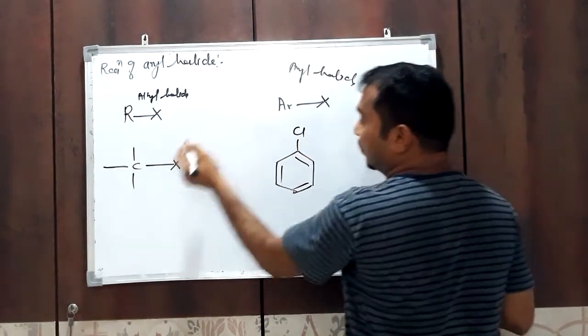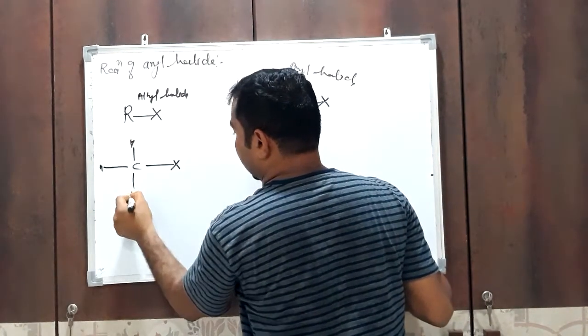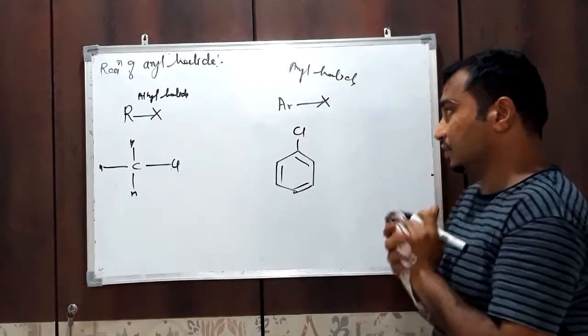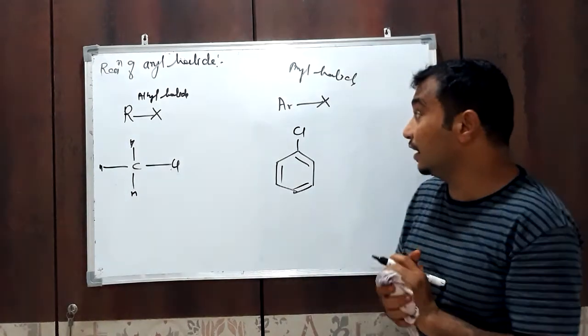For example, methyl chloride and chlorobenzene. What is the difference between alkyl halide and aryl halide?